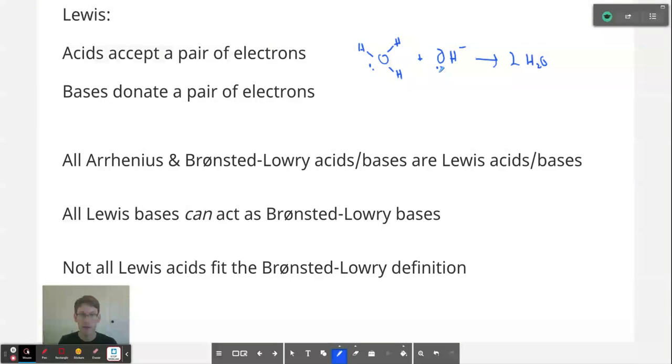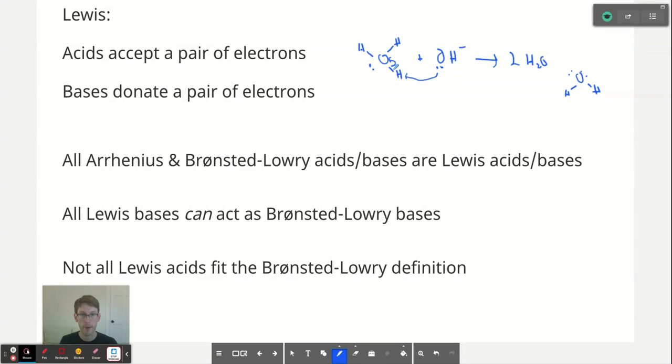What happens is that the O will form a bond to the hydrogen, and that bond will break, where the bonding electrons go back to the oxygen, and we end up with 2 waters. And the waters are just H2O with our 2 lone pairs. So you can see how H3O plus needs to get a lone pair back.